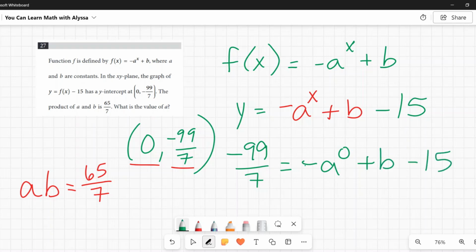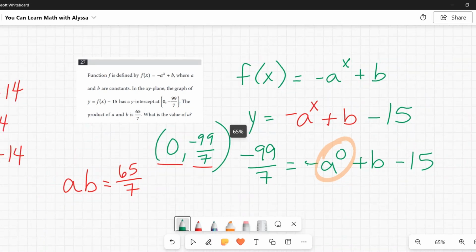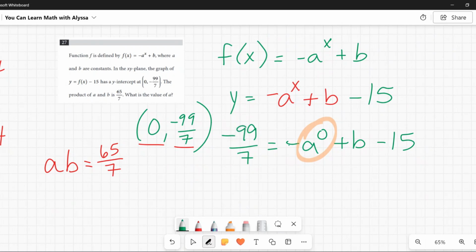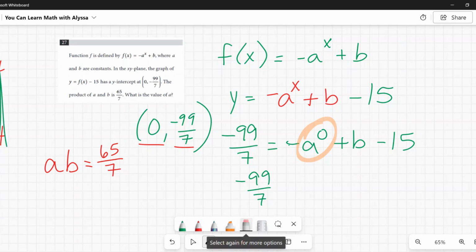And this is going to work out lovely because any number to the power of 0 is just 1. So negative a to the power of 0 is -1. Hey, and now my a is gone. Isn't that lovely?